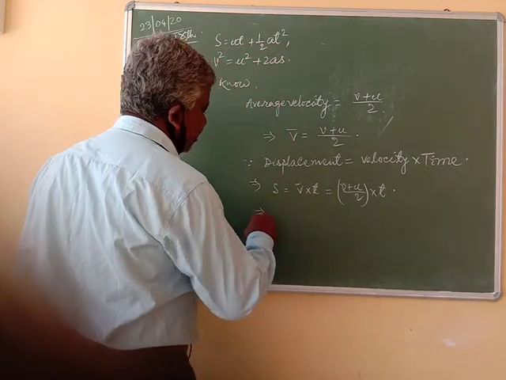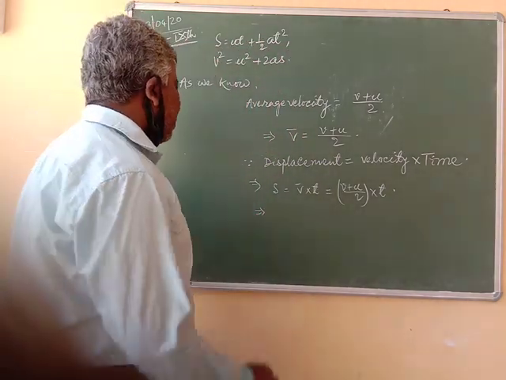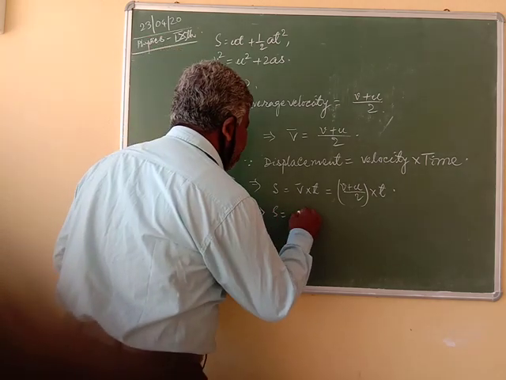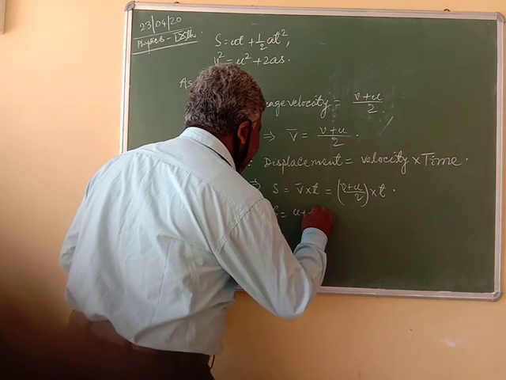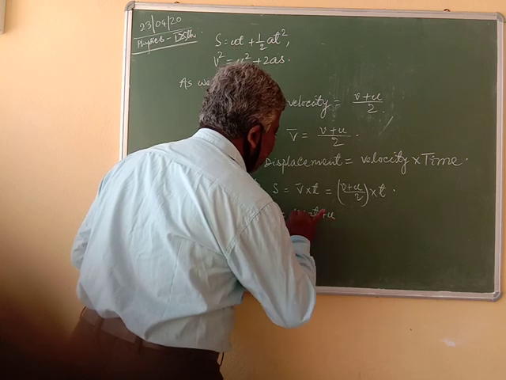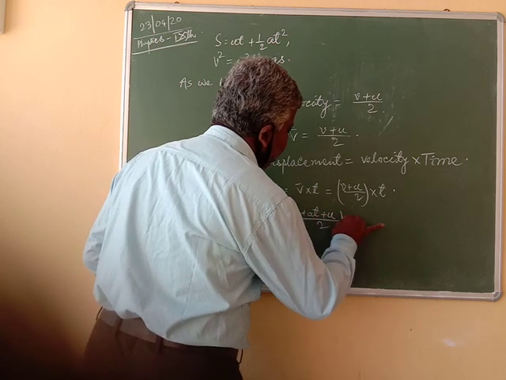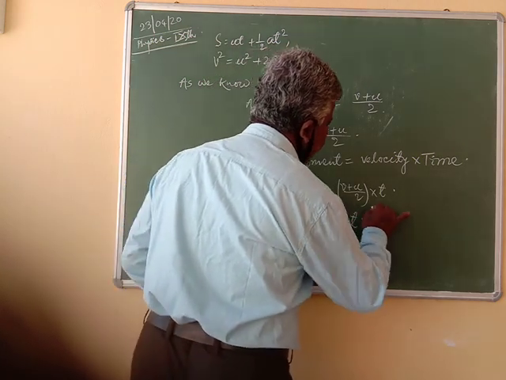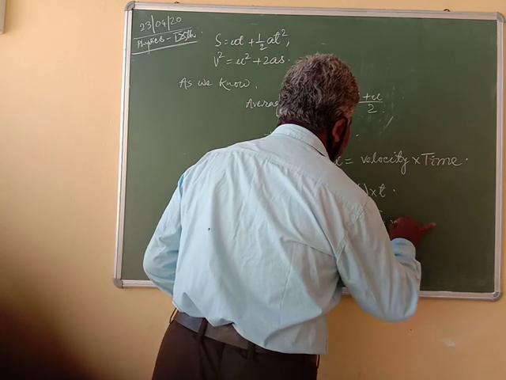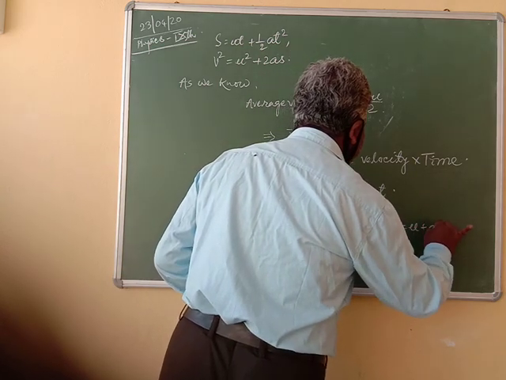It is clear? Now let's have a look. s is equal to (u plus at plus u) by 2 into t. Am I right? Because v is equal to u plus at.